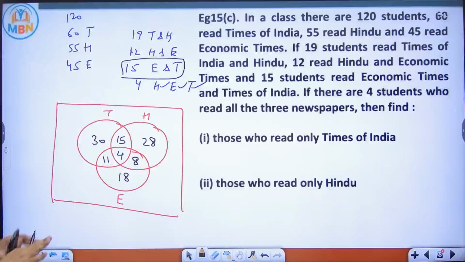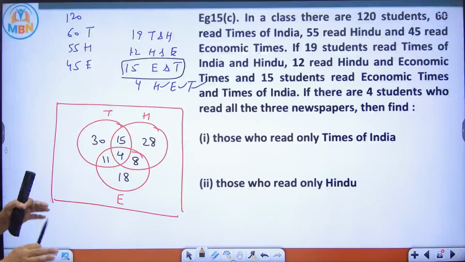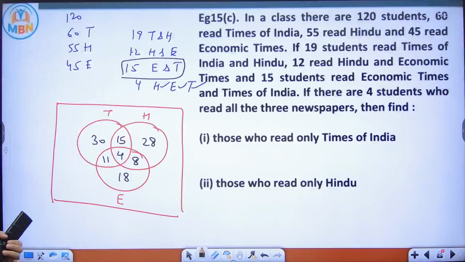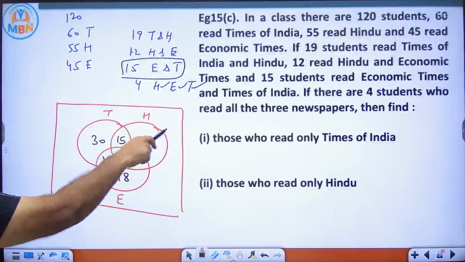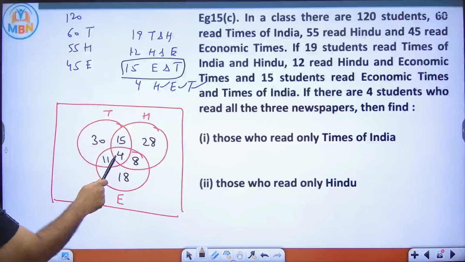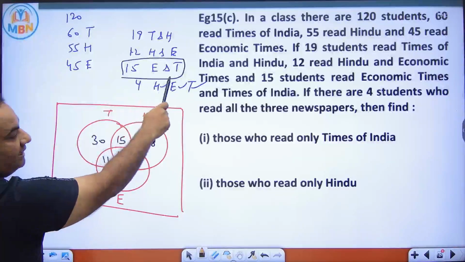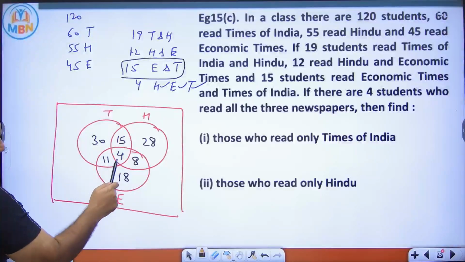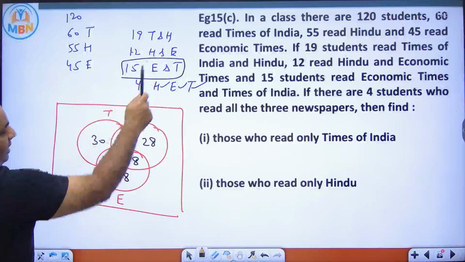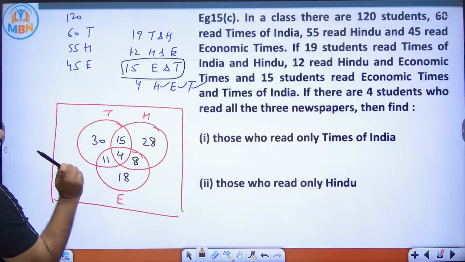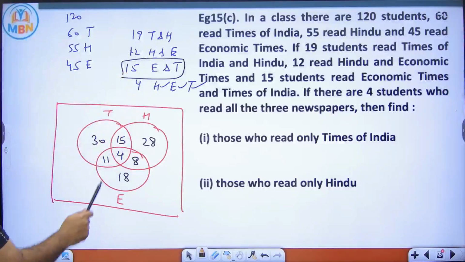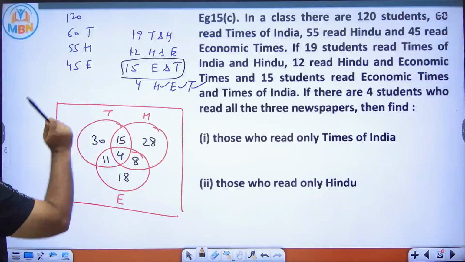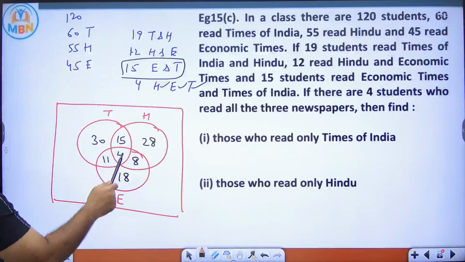Okay. I'm again checking the entire data. Is that data correct or not? 4 students read all the 3 newspapers, so I put here 4. 15 read Economic Times and Times of India, so this is 11. 4 and 11, 15. 12 read Hindu and Economic Times, so 4 and 8, 12. 19 read Times of India and Hindu, so if this is 4, this is 15. 45 read Economic Times, so this is 45.